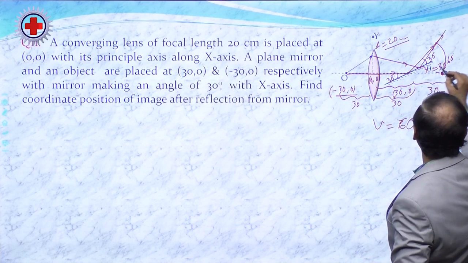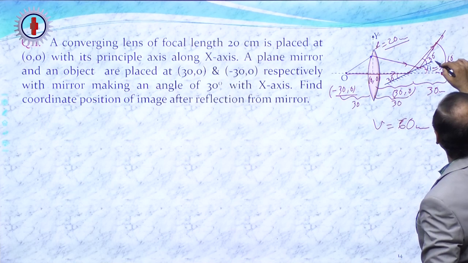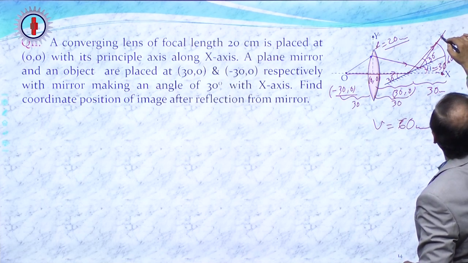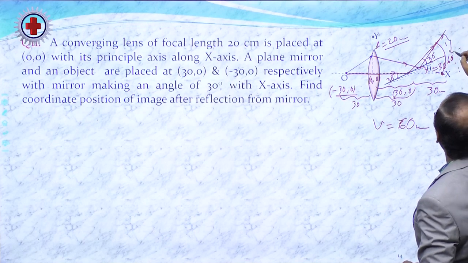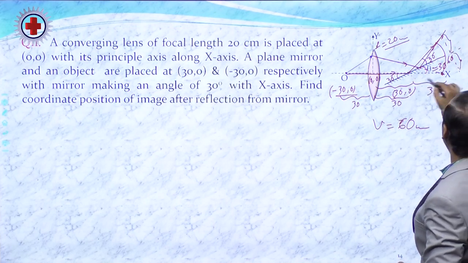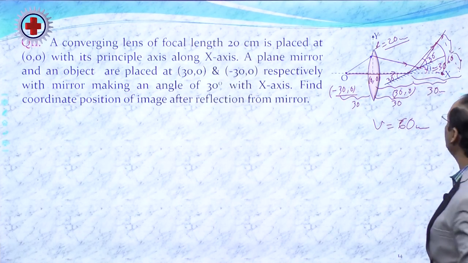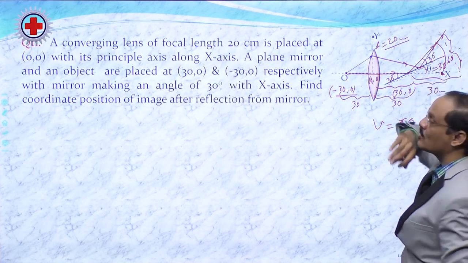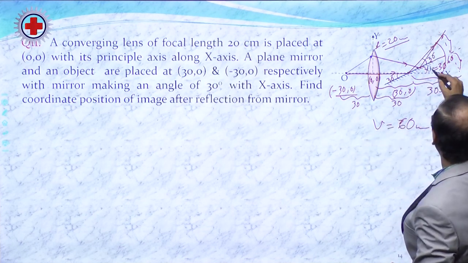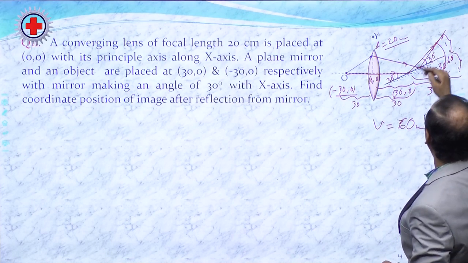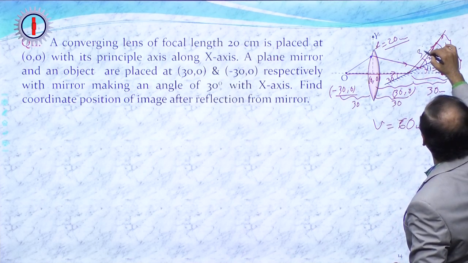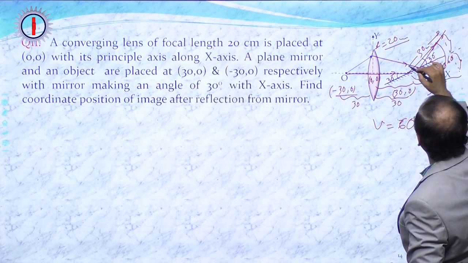As you can see, the image and object will be at equal distance. This particular distance we got as 30 centimeter, so this particular distance will also be 30 centimeter, as the distances from the plane of the mirror are equal and angles are equal.